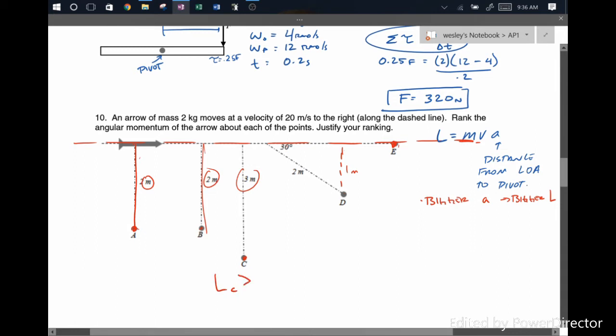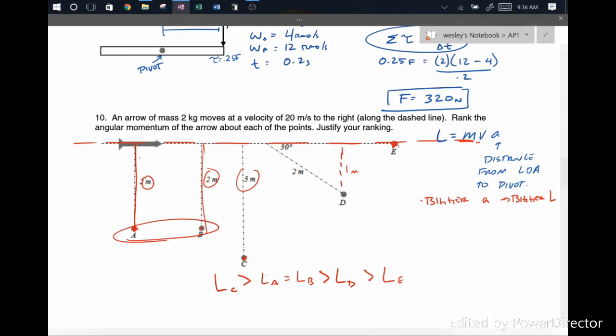Everything else is smaller than that. Next you have A and B. They're equal to each other, so LA equals LB, and those are bigger than the angular momentum for D, which is bigger than the angular momentum about point E, because that's 0. The line of action passes through that point. There's no changing angle. There's no angular speed associated with that point.